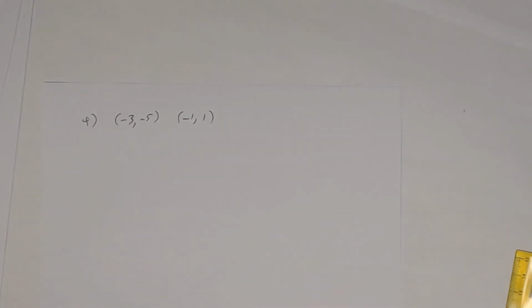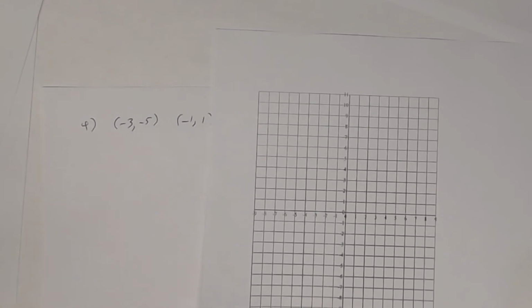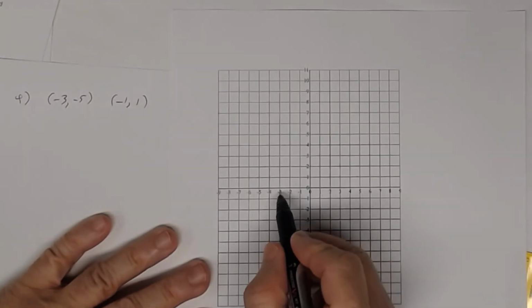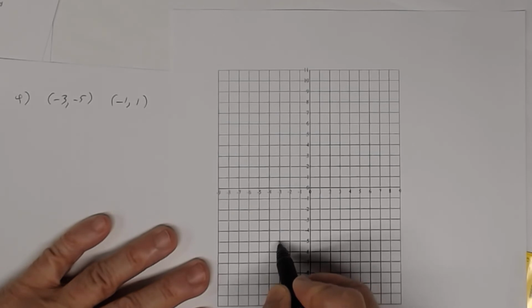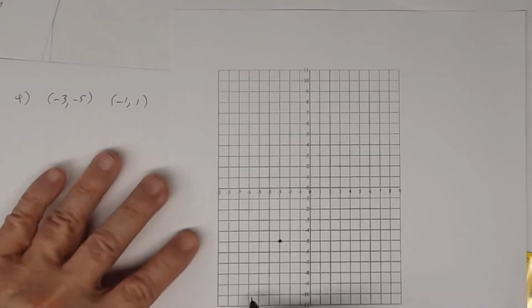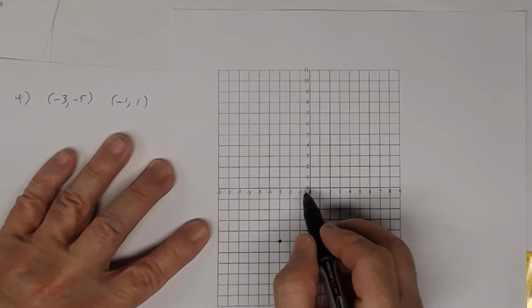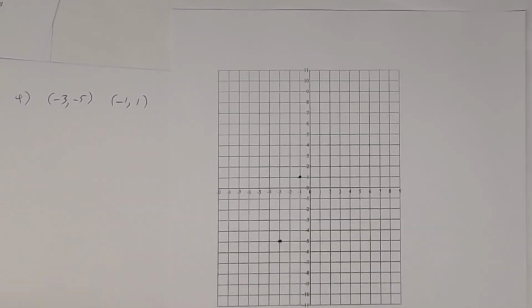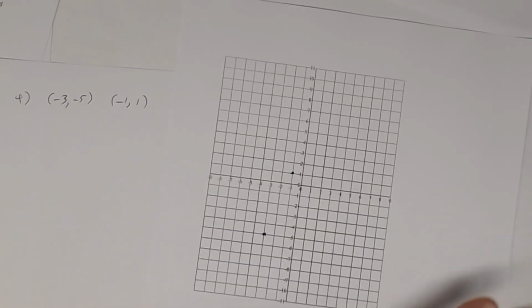So basically, if you were to graph this, just to show you real quickly, you have negative 3, negative 5, which is right here. There's a point. And then you have negative 1, 1, which is right here. And then if you draw the line, I'm trying to grab this ruler.